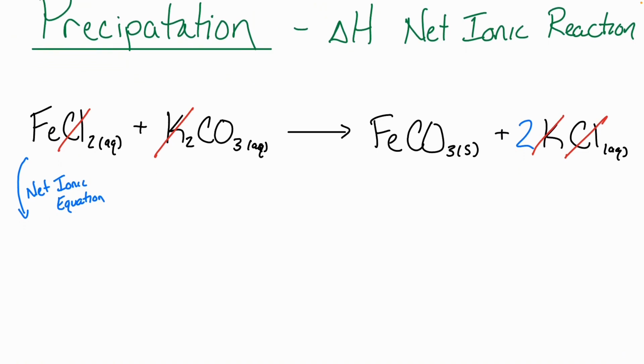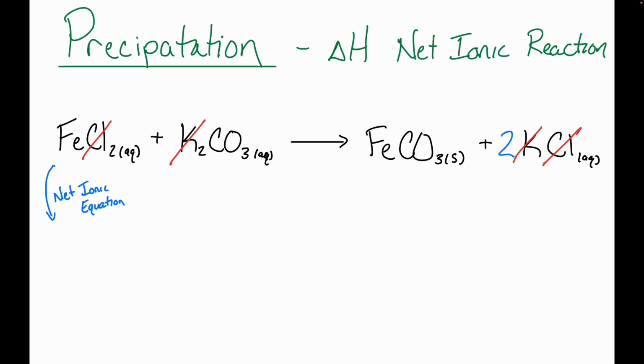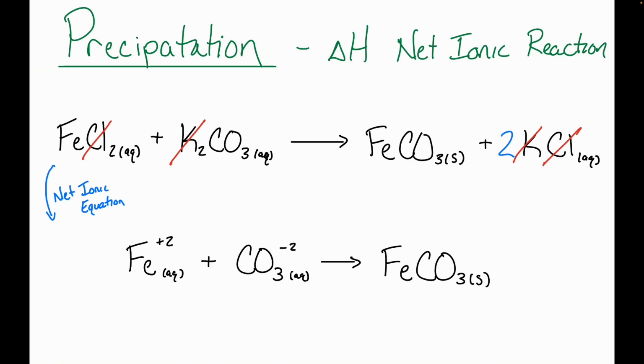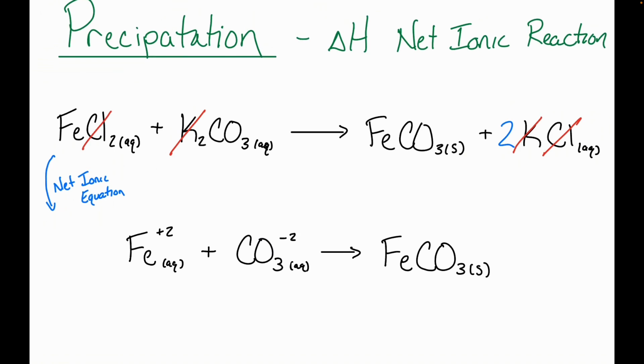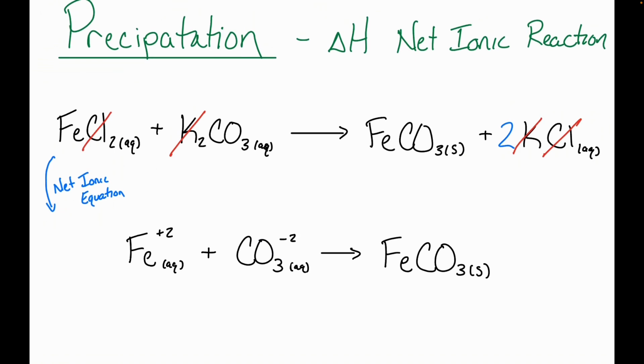Instead, I'm going to write my net ionic equation for this reaction, which would just be those aqueous iron 2 ions and that aqueous carbonate ion combining together to form solid iron 2 carbonate. And these we'll be able to look up on our constants page and play that same game that we did with our previous products minus reactants. All right, so again, this is what we called our net ionic equation.